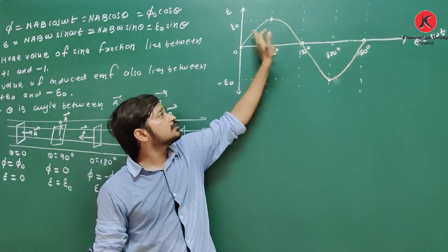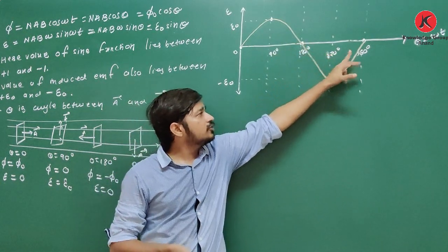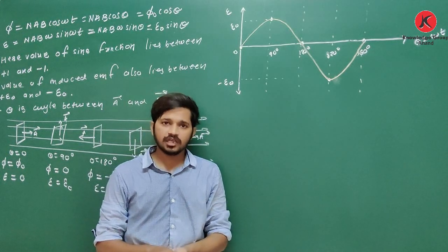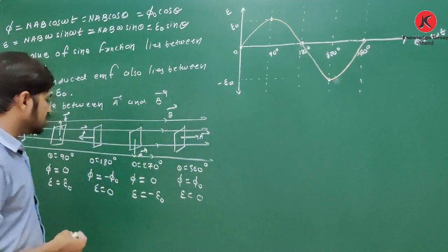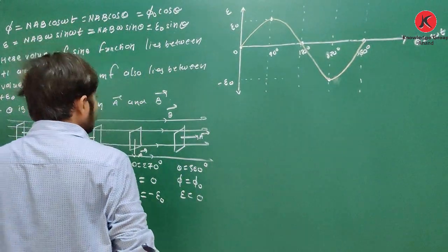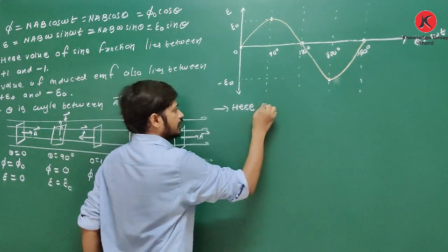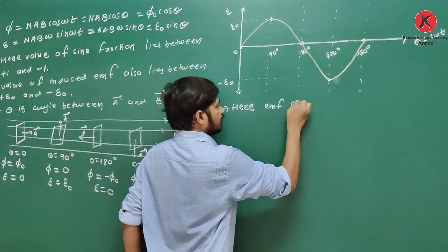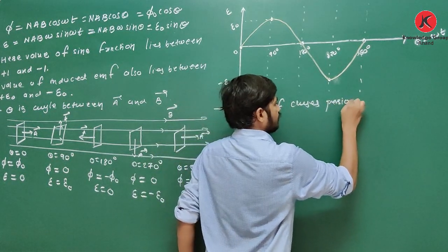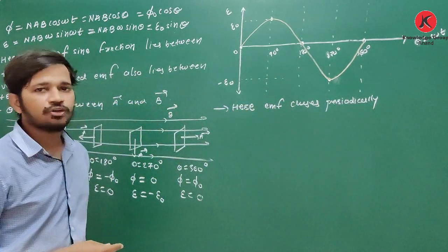From this graph you can see clearly, during this period EMF is positive, but during this period EMF is negative. Clear about this? So from this we can say EMF changes periodically.